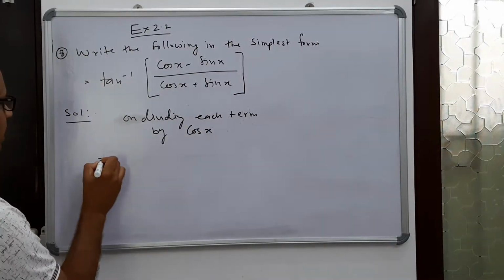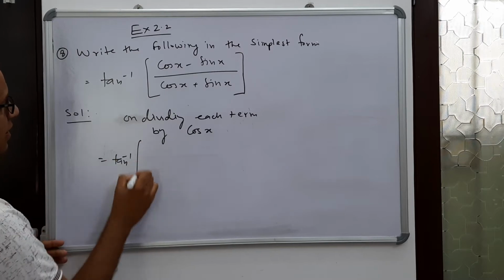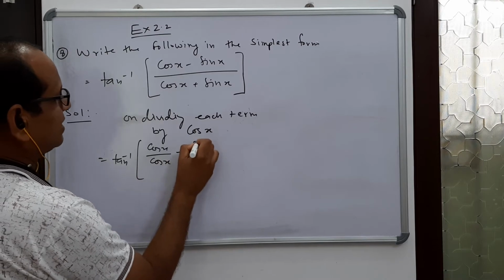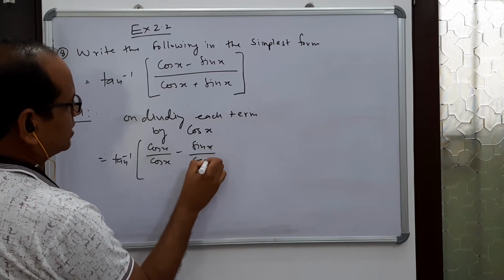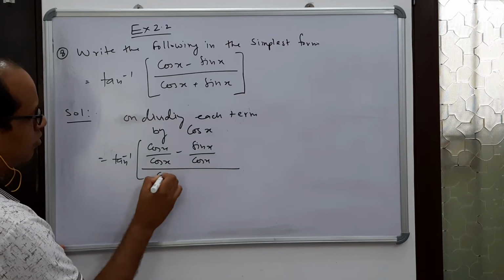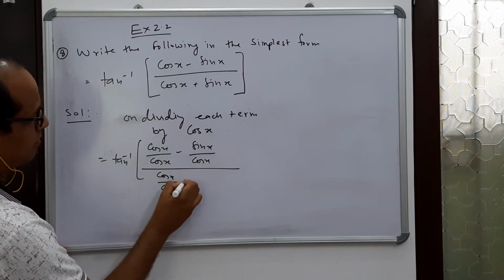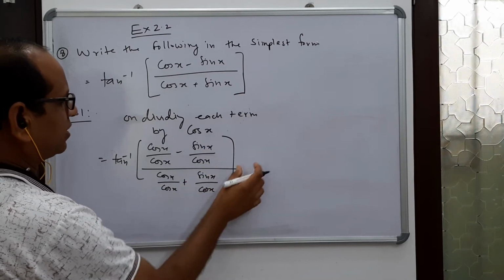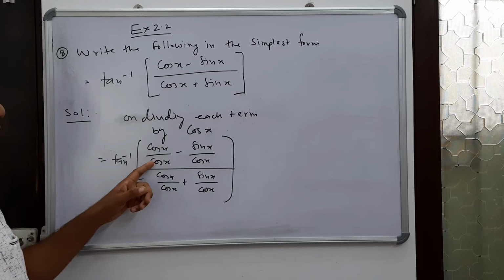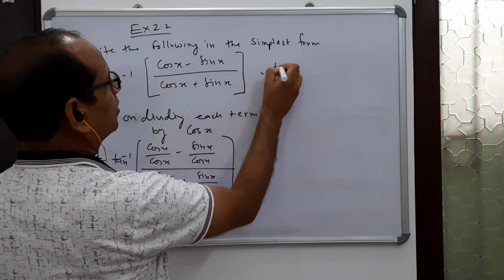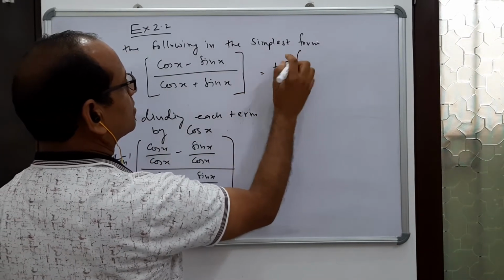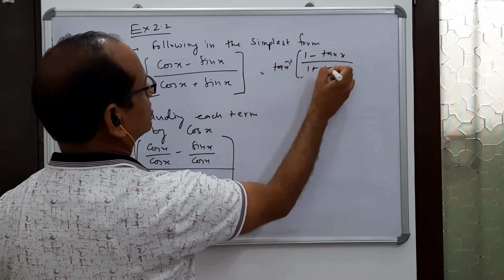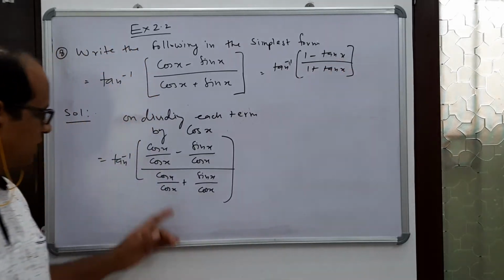So if you divide each term by cos x, then it is tan inverse of cos x upon cos x minus sin x upon cos x, upon cos x upon cos x plus sin x upon cos x. So in that process, cos x upon cos x will be 1, tan inverse of 1 minus tan x upon 1 plus tan x. See this now.